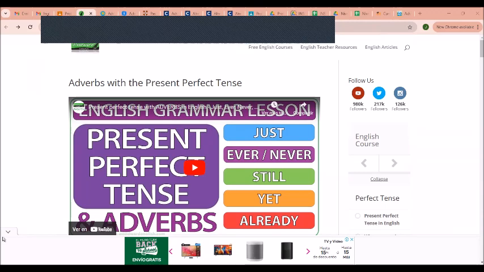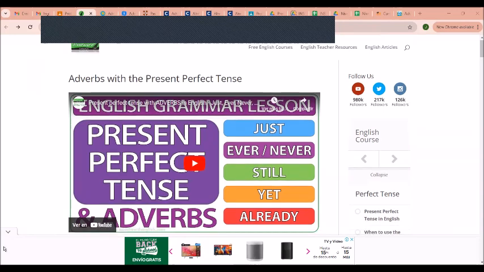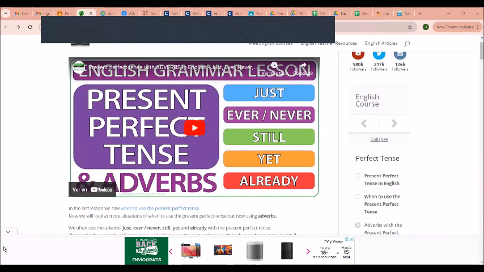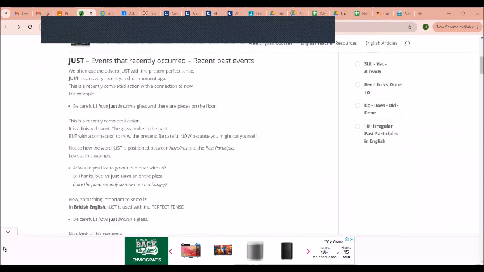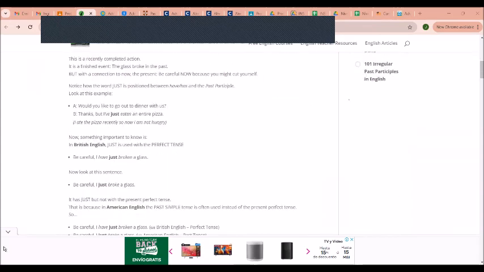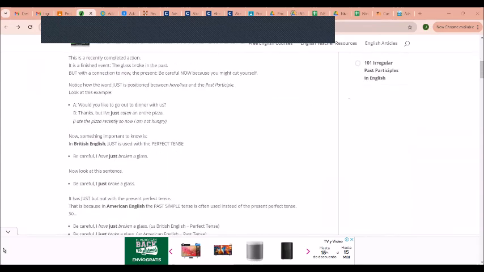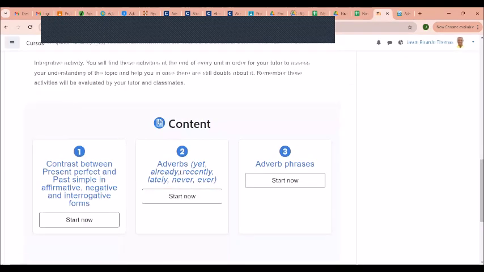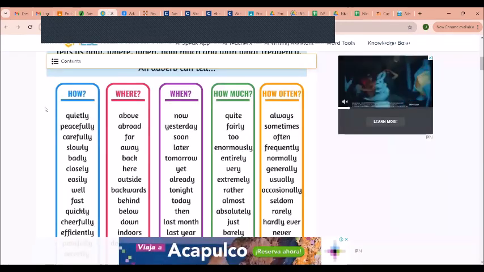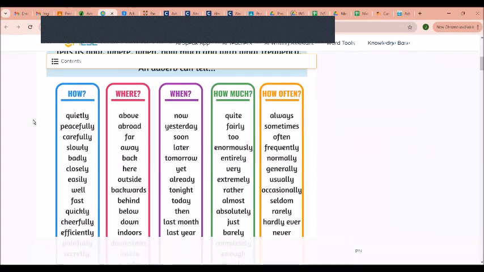Now, very importantly, as we dive in, we need to practice these as well as others that help to express whether it's recent or not. You notice here when you looked at your unit, it talked about other adverbs like recently and lately. All those LYs are just a general way that we change descriptive words to adverbs.